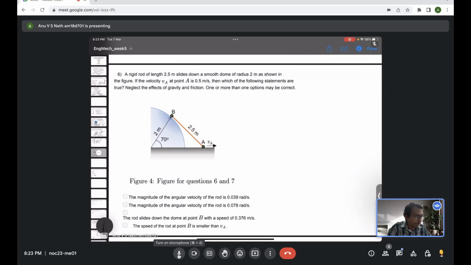If you see the options, you have to evaluate the angular velocity of the rod and the speed of the point B, velocity of B. So these two things you have to evaluate to identify which of the options being correct or wrong. Just try this out. If you are not able to do it, just inform me. I'll start immediately. Otherwise, I'll wait for some time. Better you try first and then I can explain.